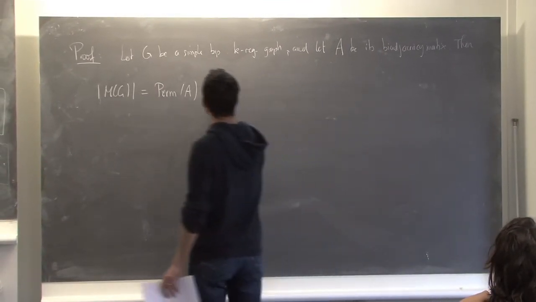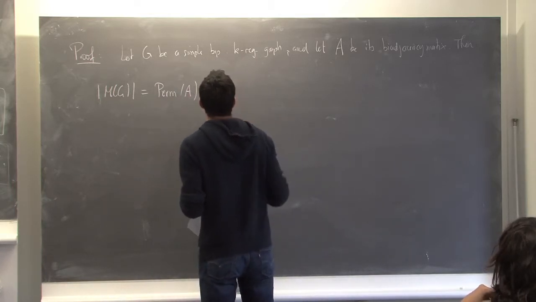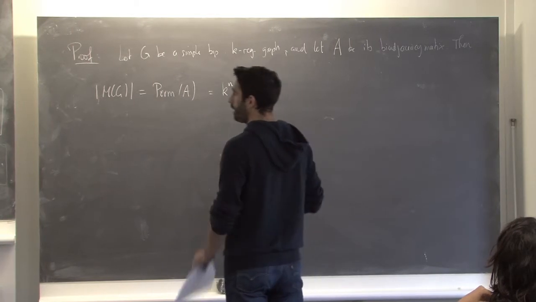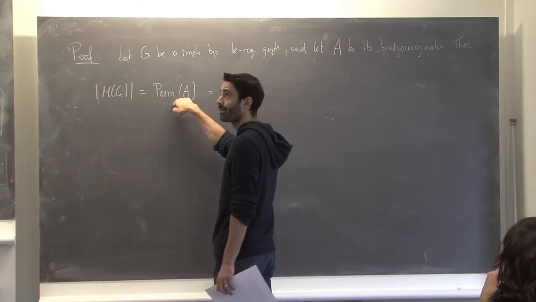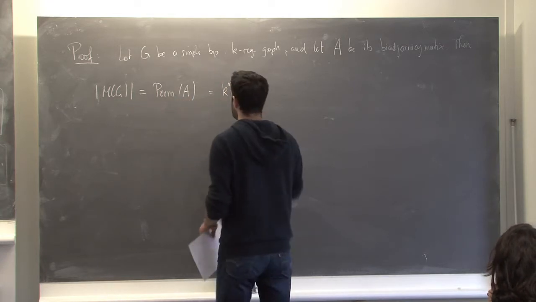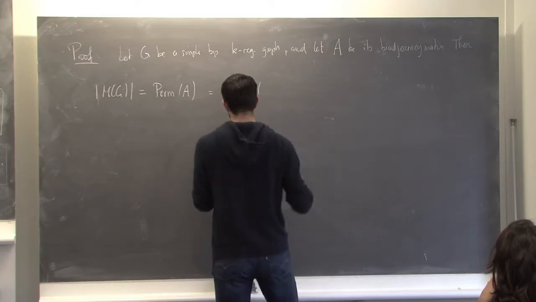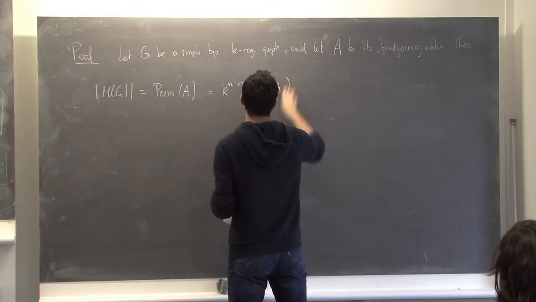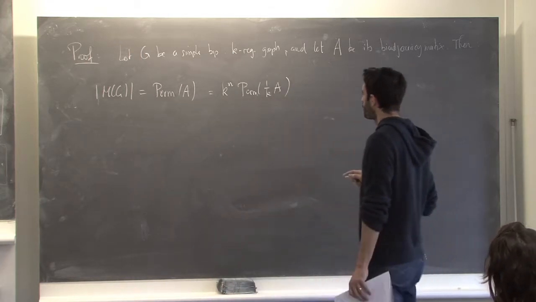So here what I can do is take out k to the power n. You think about it, you divide every coefficient by k, so you have k to the n times the permanent of 1 over k times A. This is simply because the permanent is homogeneous of degree n.